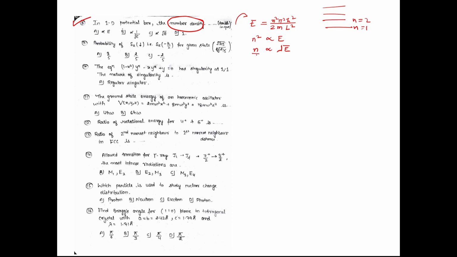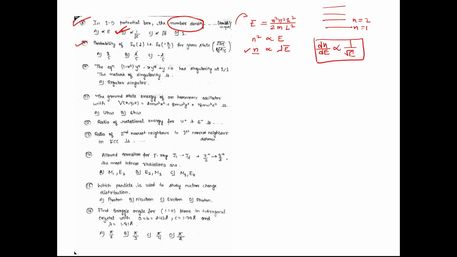So the number density means the number of states per unit energy interval, that is dn by dE. If we differentiate root under E with respect to E, it gives basically 1 divided by root over E. So the number density is directly proportional to 1 by root under E. Option B is the correct one.